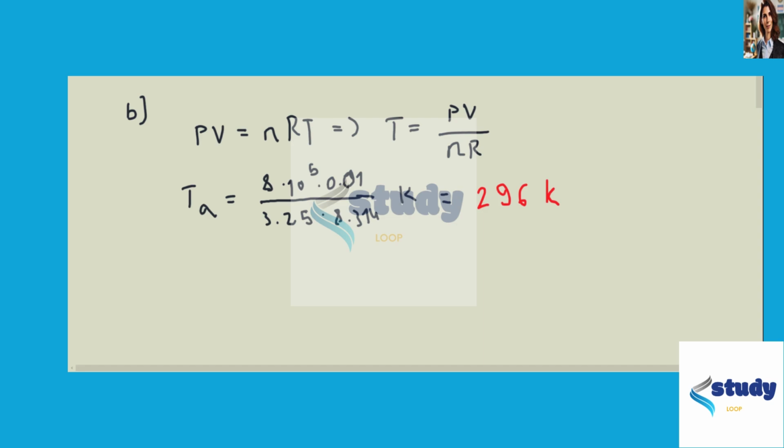Next, observe that for the process CA, the temperature at point C must be equal to the temperature at point A, because this is a constant temperature process. We used that in part A of the problem. So TC equals TA and equals 296 kelvins.